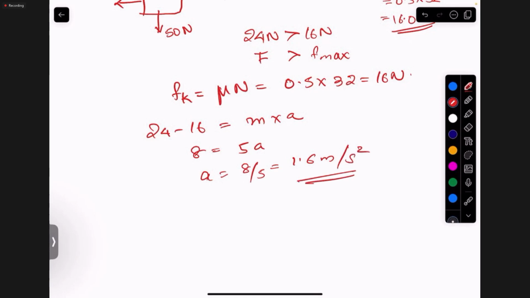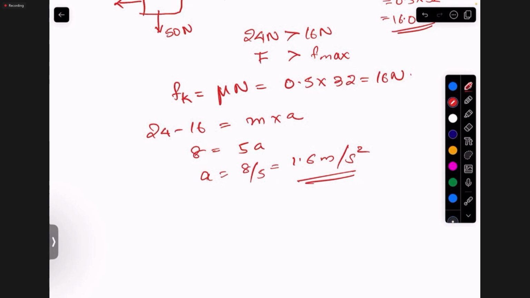I was saying that, why are we taking normal reaction and not the weight of the object directly? Because every time it's not the weight of the object that is contributing to the frictional force. It's the normal reaction that creates the change in the frictional force.